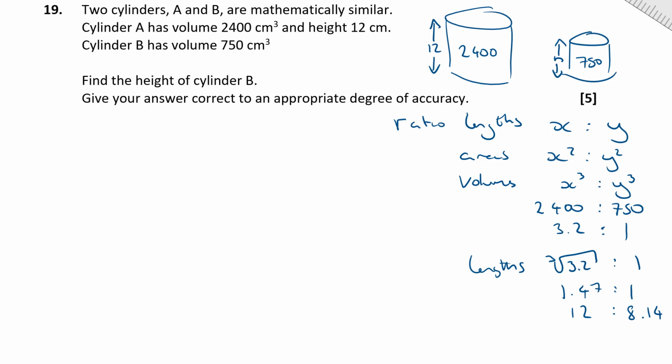These numbers up here are quoted to 2 significant figures, each of them, aren't they? So I'm going to round this off to 2 significant figures as well. My height then is 8.1, to an appropriate degree of accuracy, 2 significant figures, the same as the others in the question.